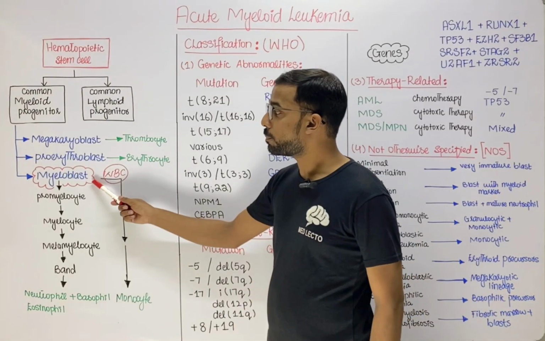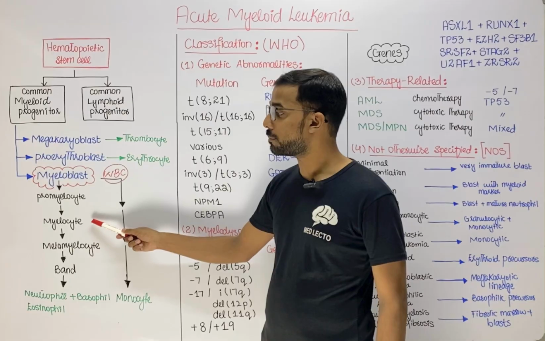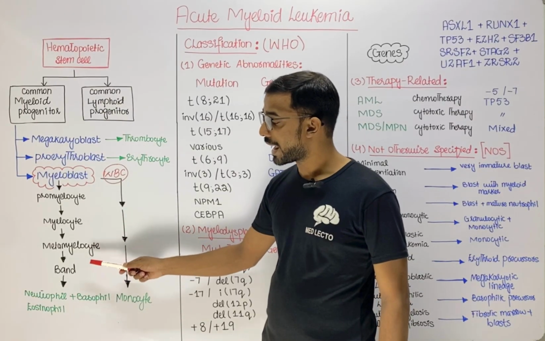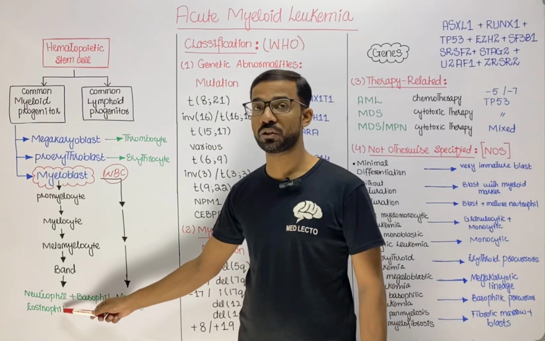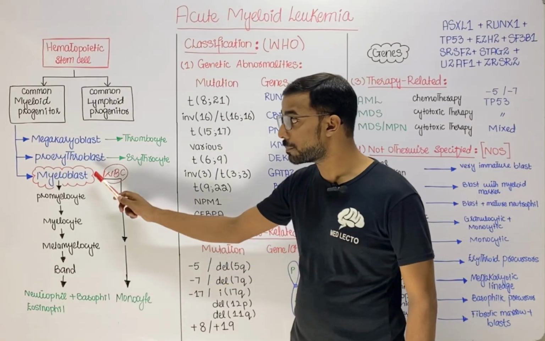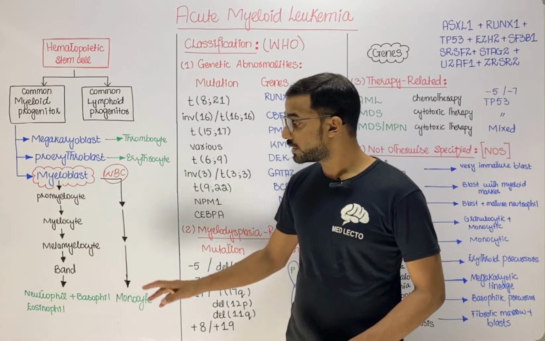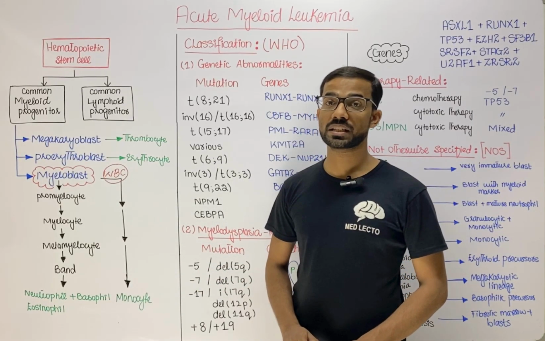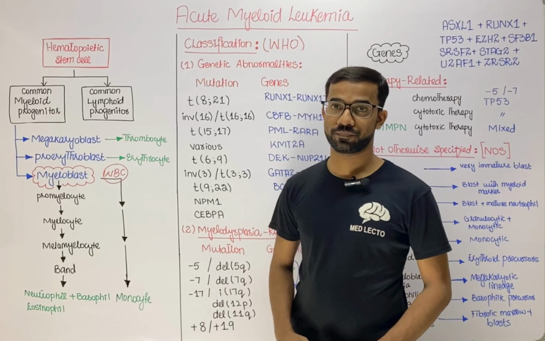So from the myeloblast, you will see the formation of promyelocyte, then myelocyte, metamyelocytes, band form, and then you will see the neutrophil, basophil, eosinophil. And another lineage formed from the myeloblast, you will also see the formation of the monocytes. These four white blood cells are synthesized or formed from the myeloblast.